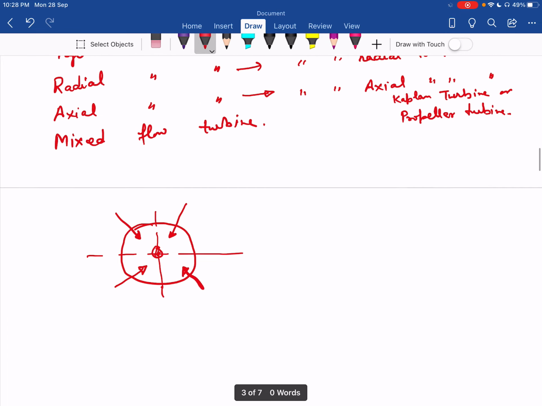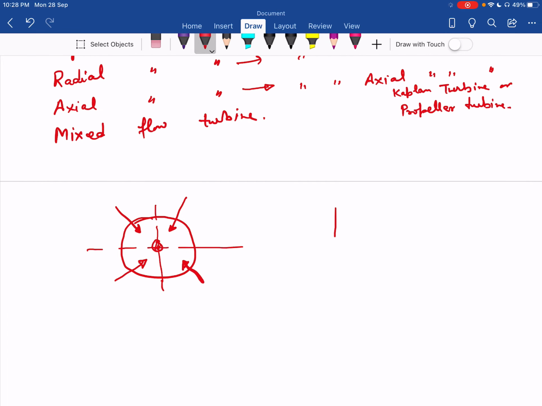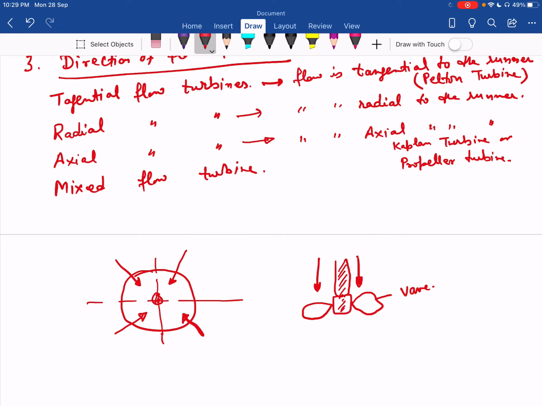Now in this case, we have something like this. This is the shaft of the turbine, and these are the vanes mounted on the shaft. So here the direction of flow of water is like this. This is parallel to the shaft. So this is the axial direction, and such turbine we call as the axial flow turbines.